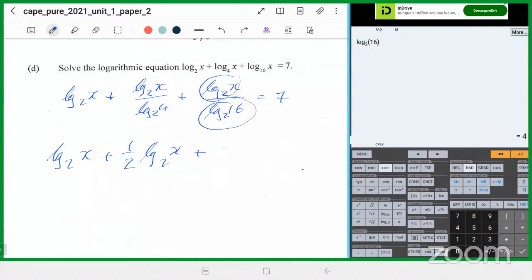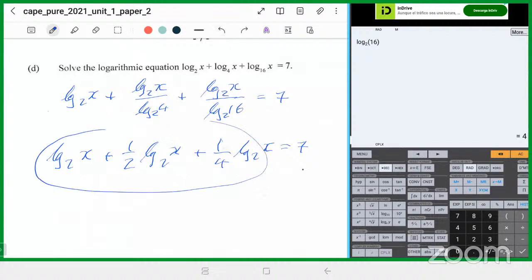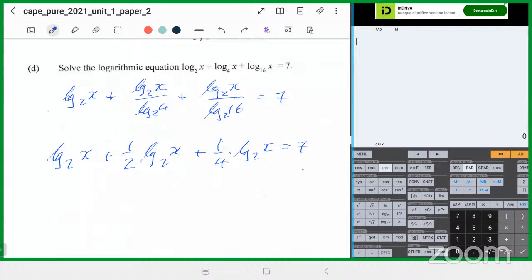So like this divided by 4 is a quarter of log to base 2 of x. That equals 7. So I could add in 1/2 and a quarter to consolidate all of this.